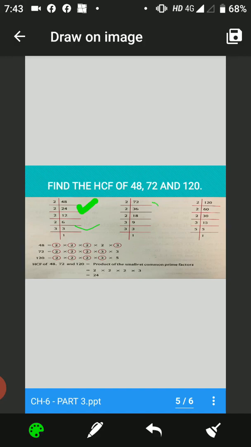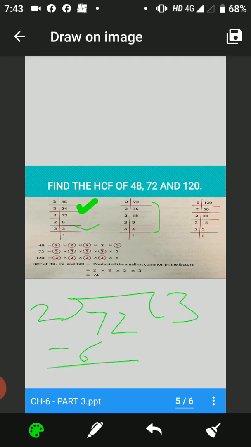Now we do 72. Now 72 comes in which table? 2. You divide 72 by 2. In the 2 table, does 7 come? No. 6 comes? Yes. Which position? 3. So 2 3s are 6. So 7 minus 6 is 1. And 1 and 2 becomes 12. In the 2 table, 12 comes?